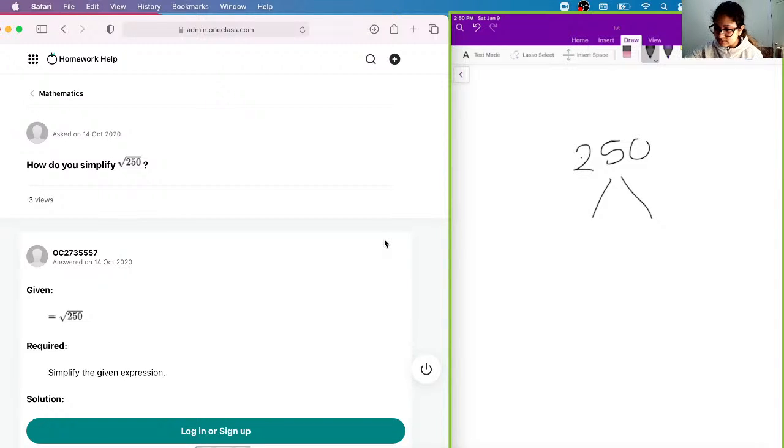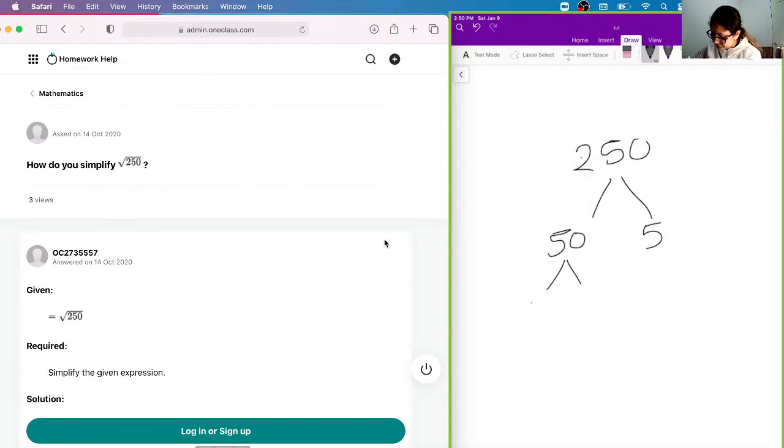So let's say 250 divided by 50 would give you 5.